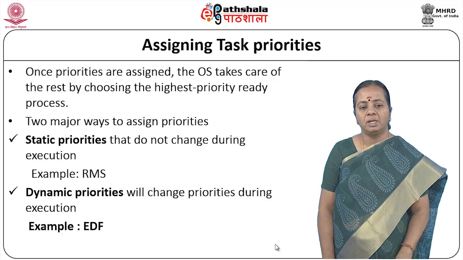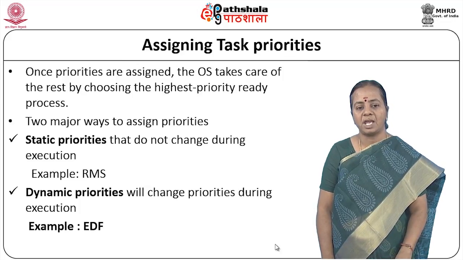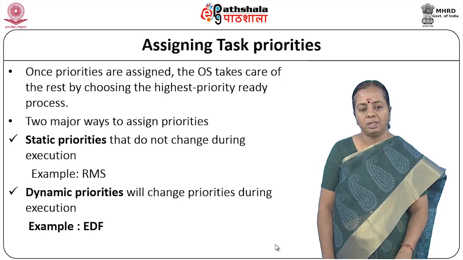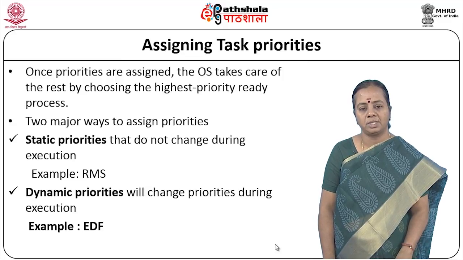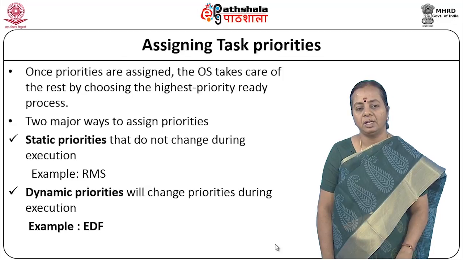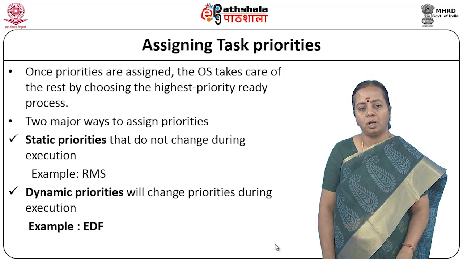The example is RMS scheduling, rate-monotonic scheduling. The next one is dynamic priority. The name itself says that the priority is dynamically changing while running the process. So no task has a fixed highest priority. The priority of the task changes every instant based on the current scenario. That is dynamic priority. One example is the earliest deadline first algorithm, otherwise called the EDF algorithm.